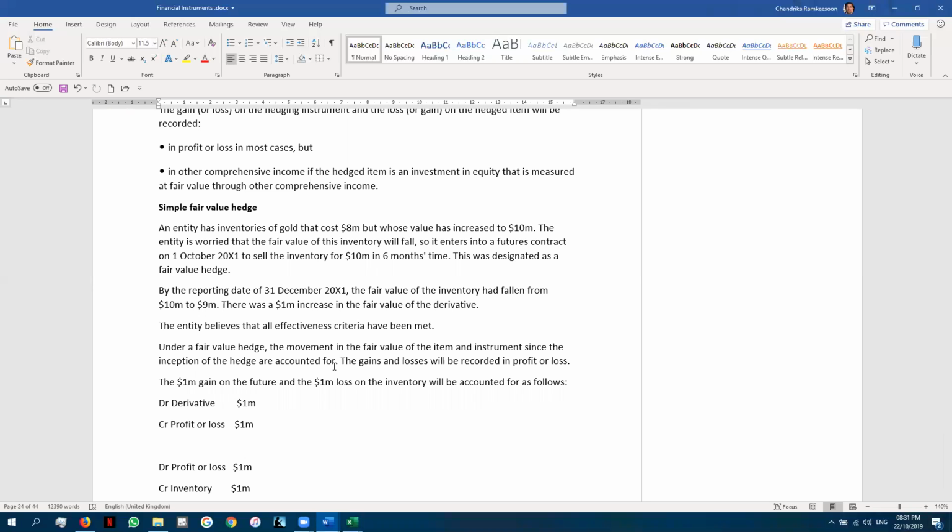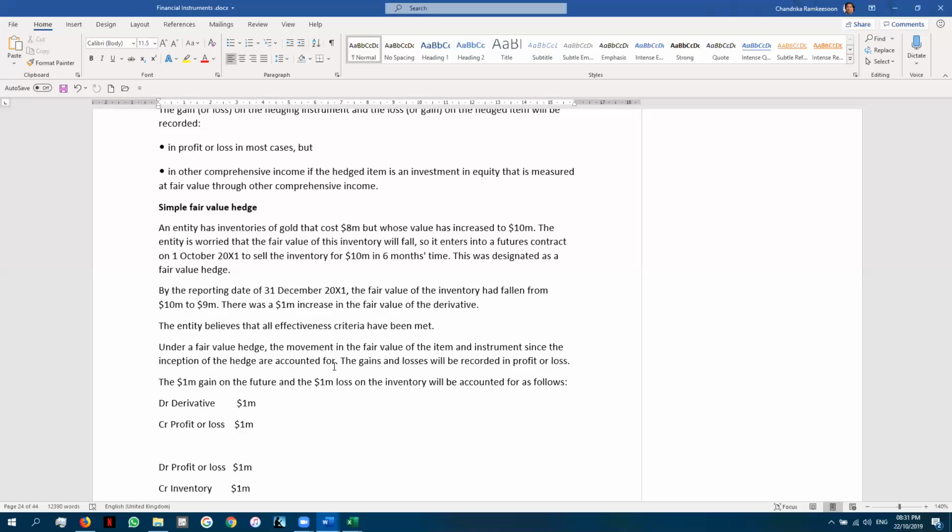All that we saw was a big credit to profit, and you saw that not applying hedge accounting when dealing with a derivative instrument would lead to sudden increases in profits or losses. But I told you then that applying hedge accounting, which is one of the reasons why hedge accounting came about, is to smooth out that jerky effect. So, simple fair value hedge.